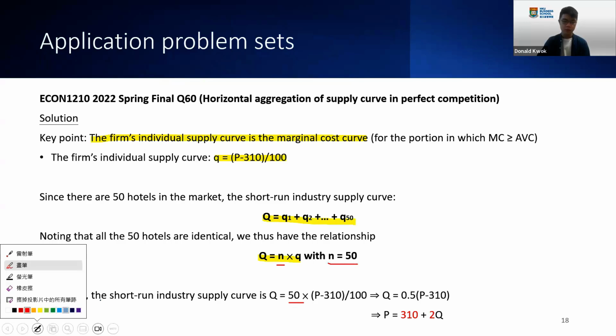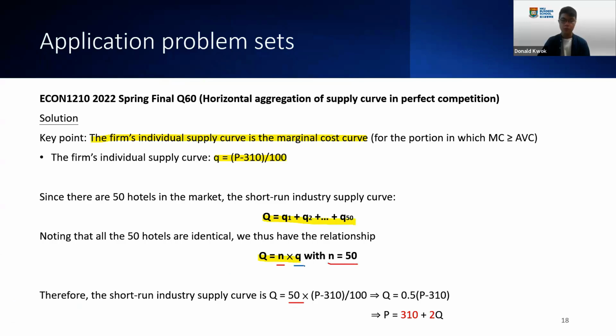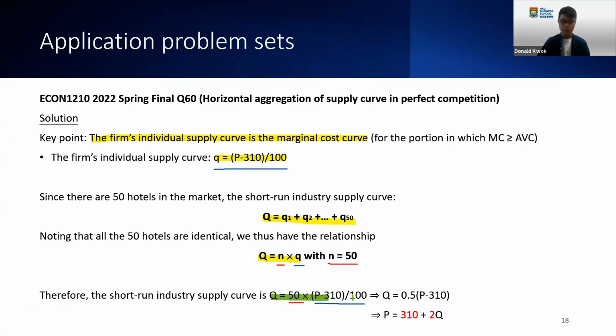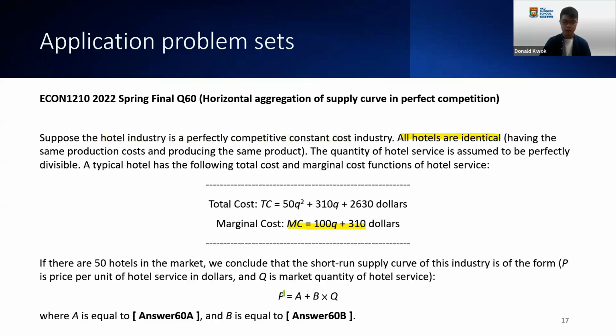And for the quantity produced by each individual firm, it will be according to the individual supply curve or the profit maximization condition. So we have the expression here. So mapping this short-run industry supply to the form given in the question, we will write P as the subject, and we will have A equals 310 and B equals 2. And this answers the question here.